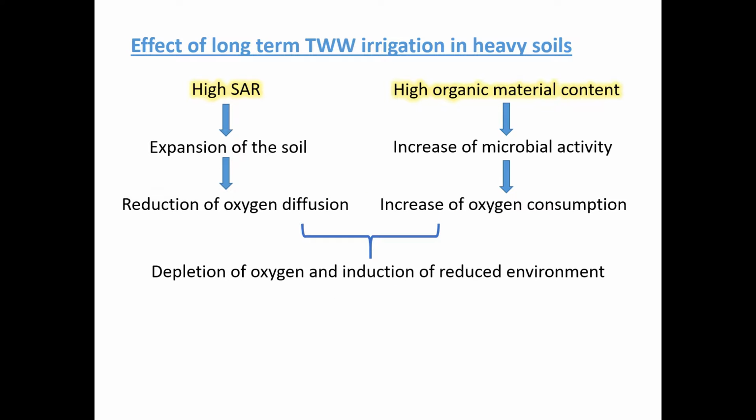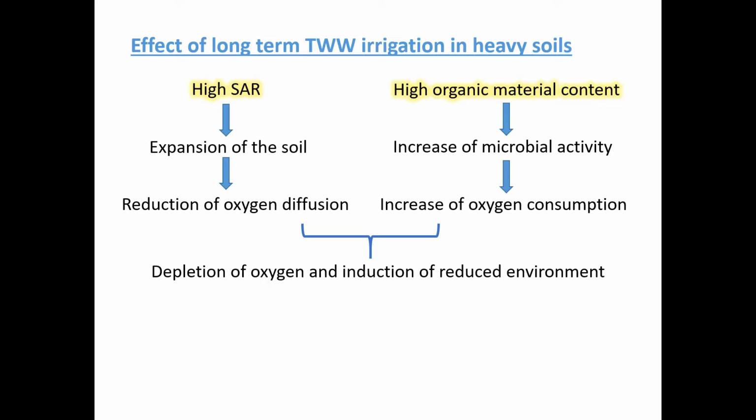When we irrigate with water with high values of SAR, the ratio between the sodium and the divalent cations in the water, mostly magnesium and calcium in our case, we get expansion of the clay particles, expansion of the soil, and a reduction of the oxygen diffusion in the rhizosphere.